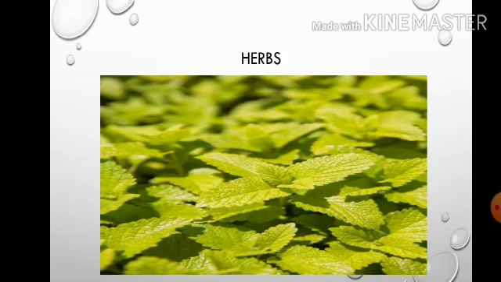Examples: tulasi, pudina, and wheat, rice, garlic, onion. These are all examples of herbs. What is another name for pudina? Pudina means mint. That is the correct name, mint.